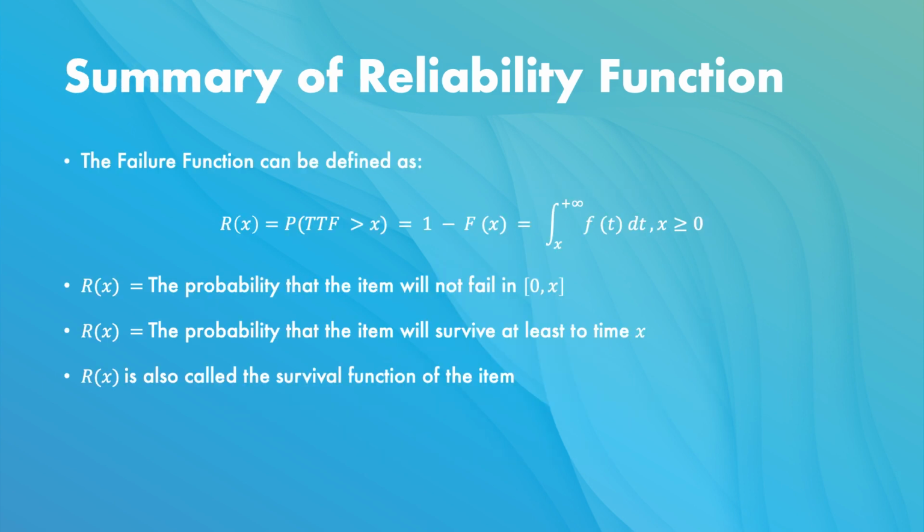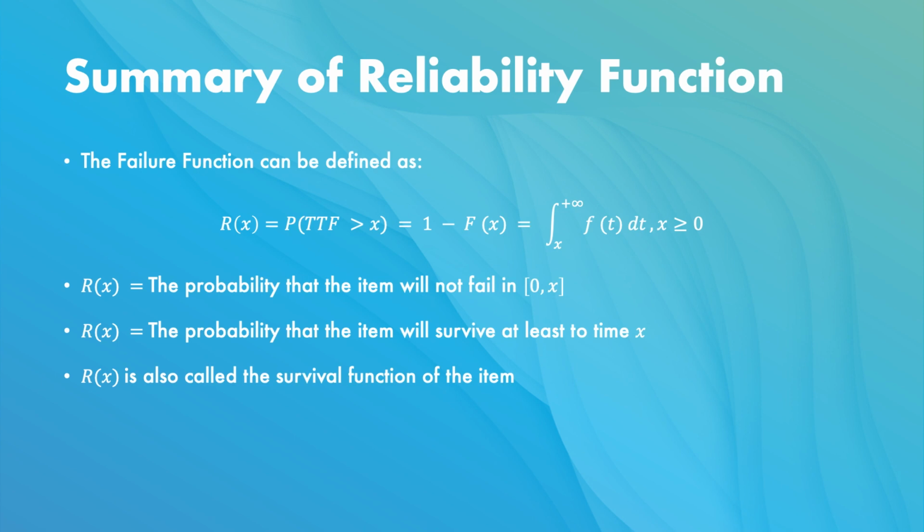A summary of the properties of the reliability function. We have here the formal definition of the reliability function, and it is essentially the probability that the time to failure, that the item will not fail in 0 to x, so it will survive at least to time x.